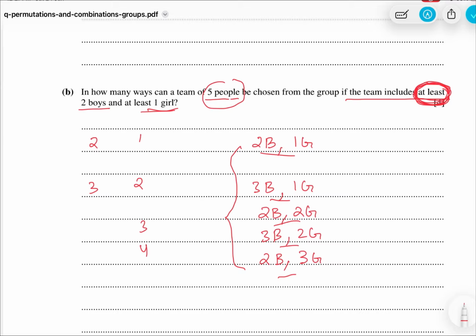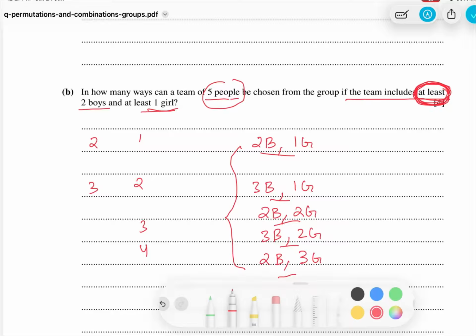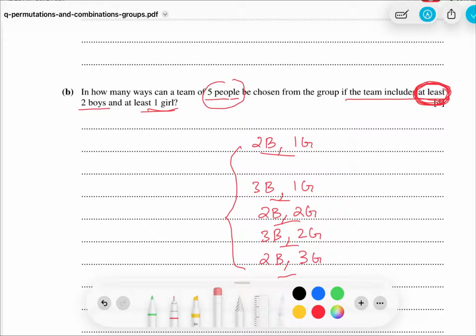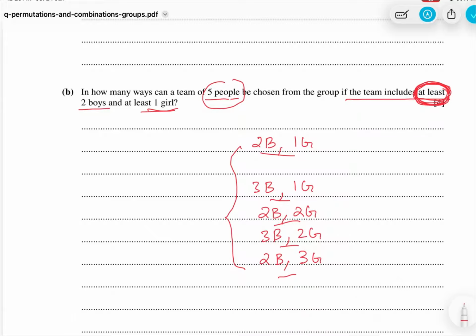So, sir, is there any solution where we never neglect any? Yes, there is. Let me teach you how. Now, listen, here is what you can do to avoid this mistake. You know that boys could be greater than or equal to 2, and girls should be greater than or equal to 1.